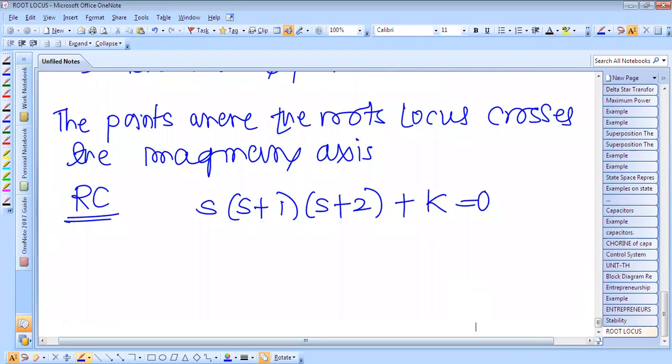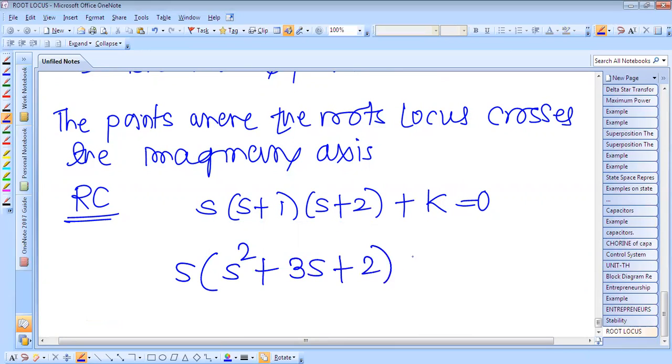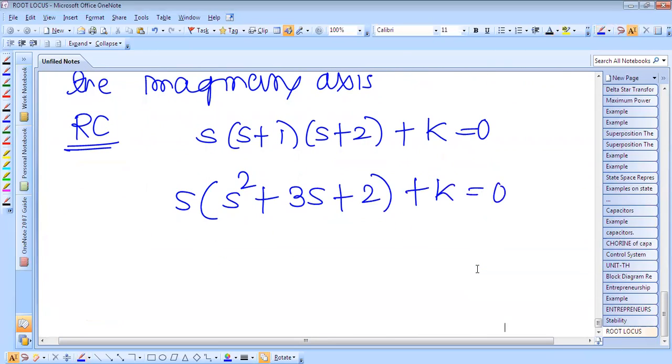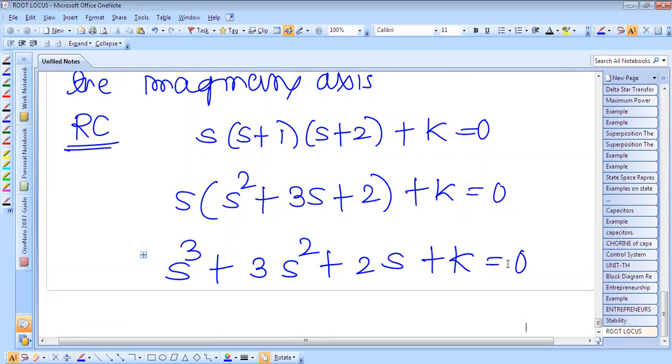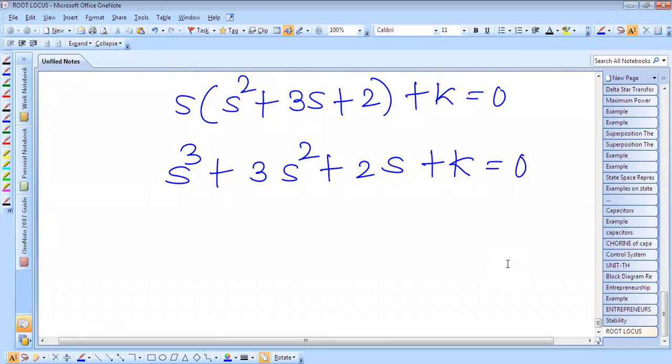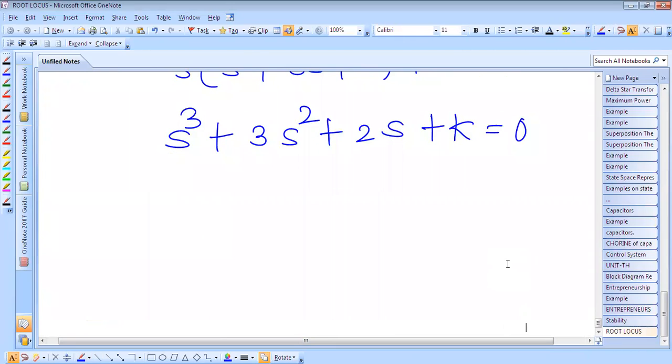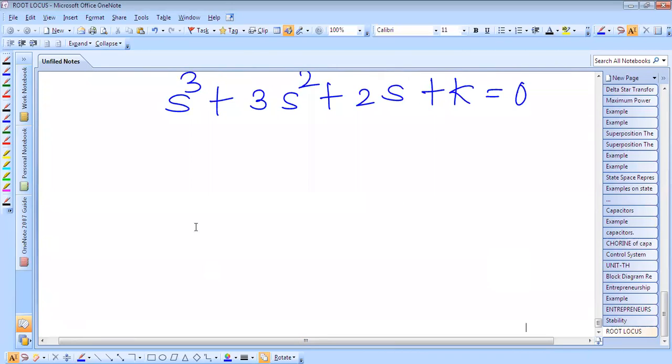So this is S square plus 3S plus 2, plus K is equal to 0. So this is S cube plus 3s square plus 2s plus K is equal to 0. So this is your characteristic equation. Therefore, we can form the Routh array.